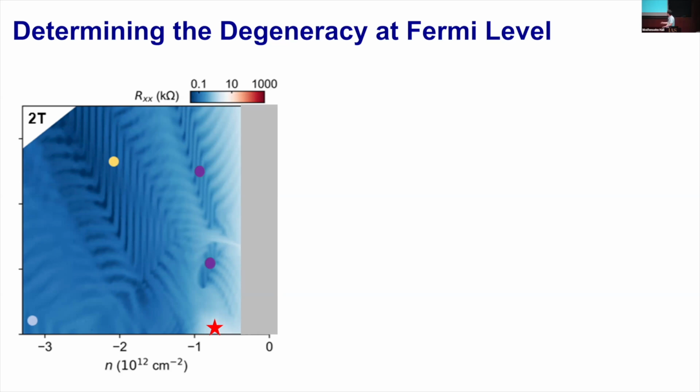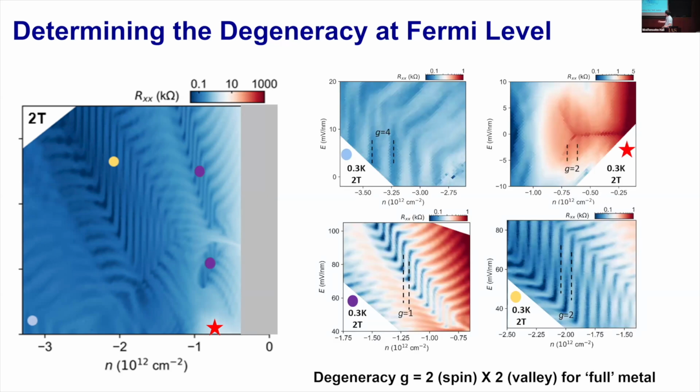So the first thing you can do is to apply an out-of-plane magnetic field to induce quantum oscillations driven by Landau level formation. And by looking at the distance or the period of this quantum oscillation, you can figure out what the degeneracy is at the Fermi level. For example, at 2 Tesla, different regions show quantum oscillations, but with different periods, right?